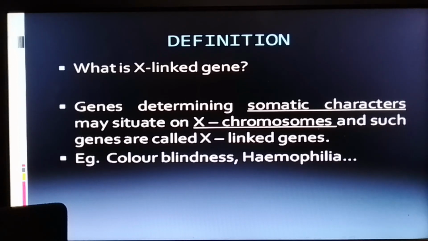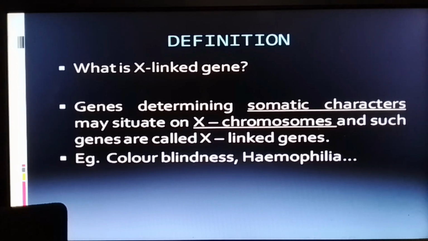Its expression will be similar, and such characters may be said to be pure somatic characters. Take the eye color, or the blood character haemophilia, that is the blood clotting condition.